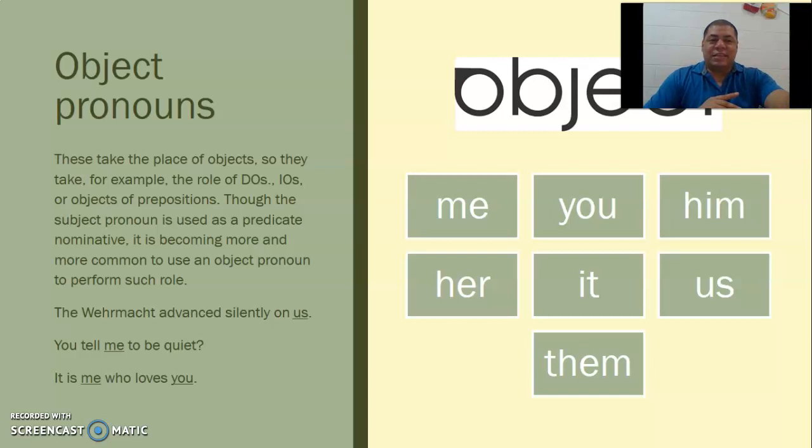Us, as you can see on the chart, is an object pronoun. And what is its function in this sentence? Well, what is before us? On. It's a preposition. The Wehrmacht advanced silently on who? Us. Us is the object of the preposition on.